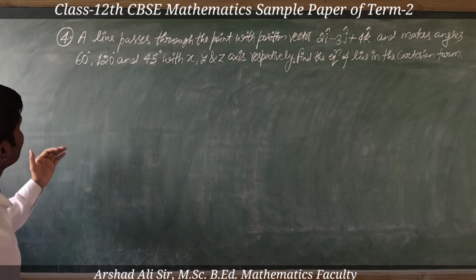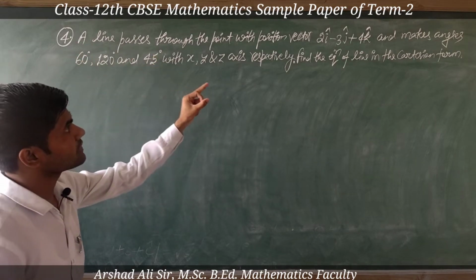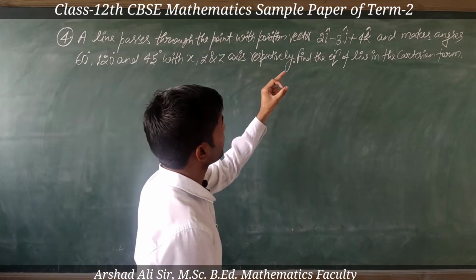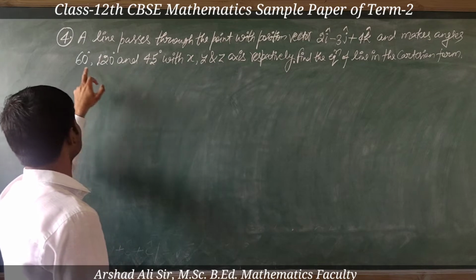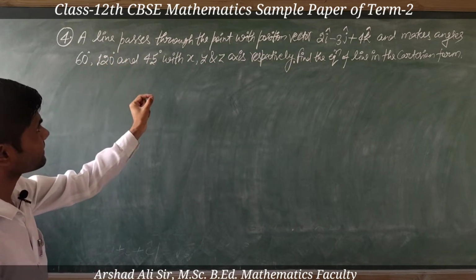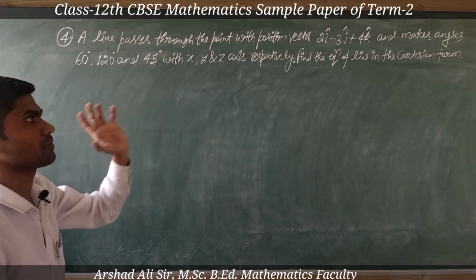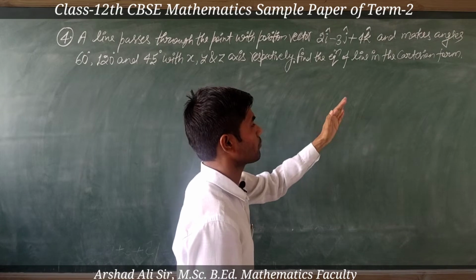In question number 4 we are given a line that passes through the point with position vector 2i cap minus 3j cap plus 4k cap and makes angles 60 degree, 120 degree and 45 degree with x, y and z axis respectively. Find the equation of line in the Cartesian form.